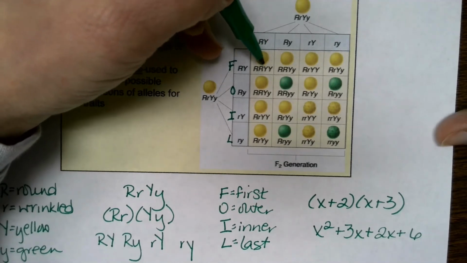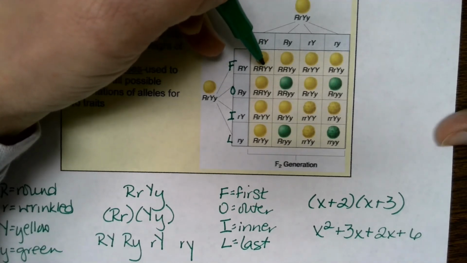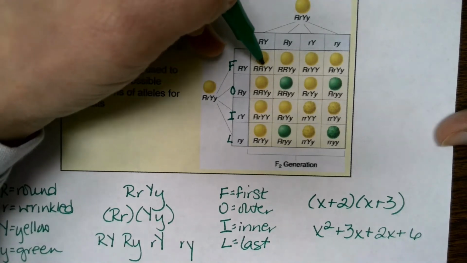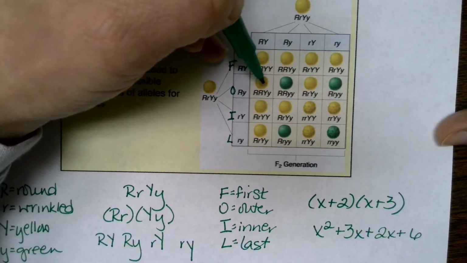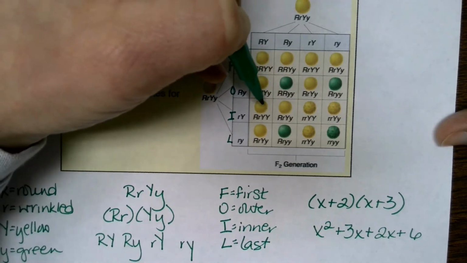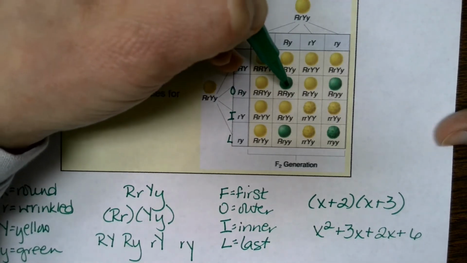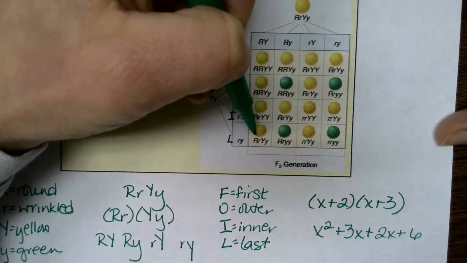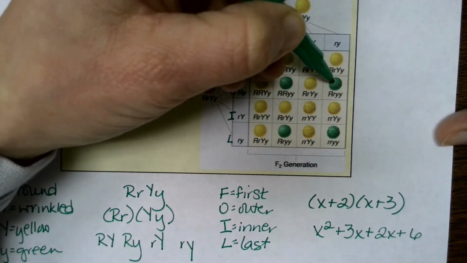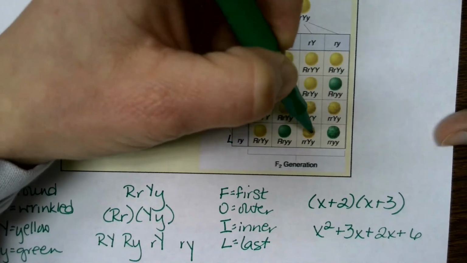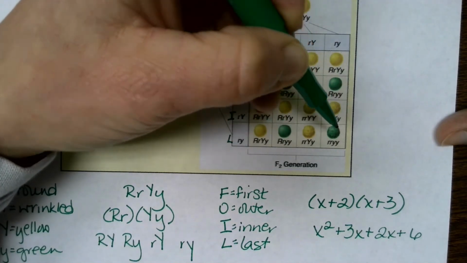I'm just going with the genotypic ratio and just saying numbers, even though that's not how you would write it down. I'm going to have a 1 to 2, because those are the same, to 2 to 1 to 4 to 2 to 1 to 2 to 1 genotypic ratio.